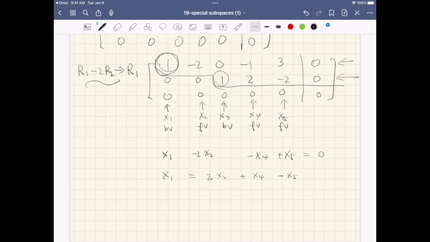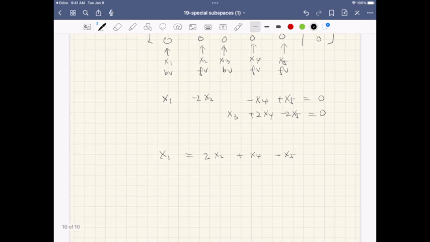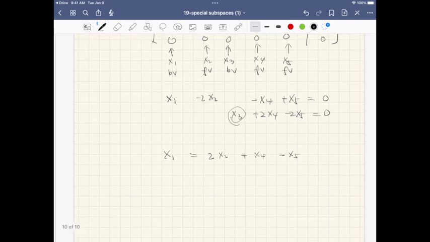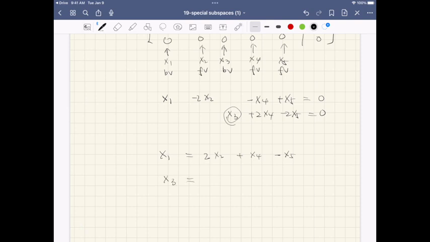Now from row 2, because the first two terms are 0, I can write x3 plus 2x4 minus 2x5 equals 0, which means this basic variable can be written as x3 equals negative 2x4 plus 2x5.